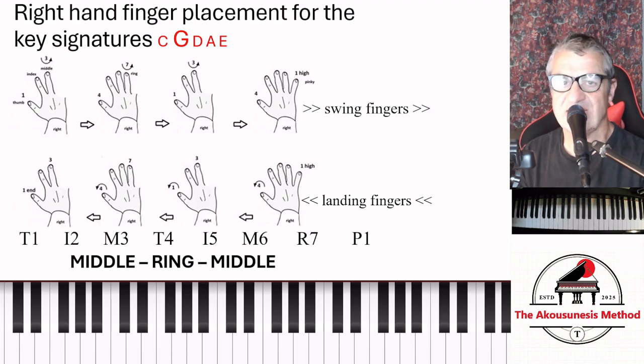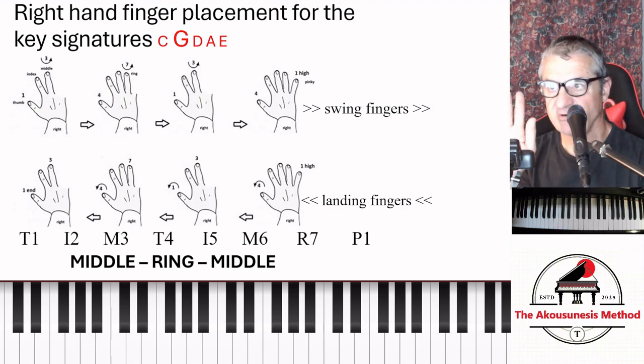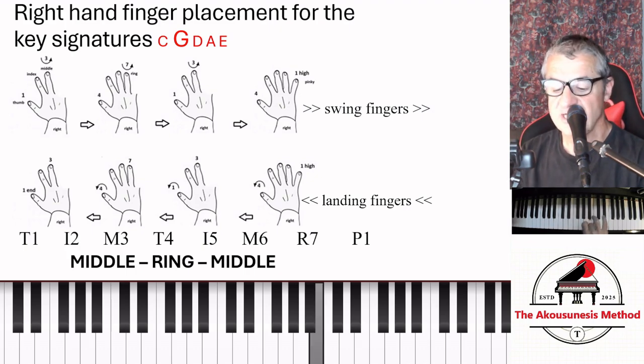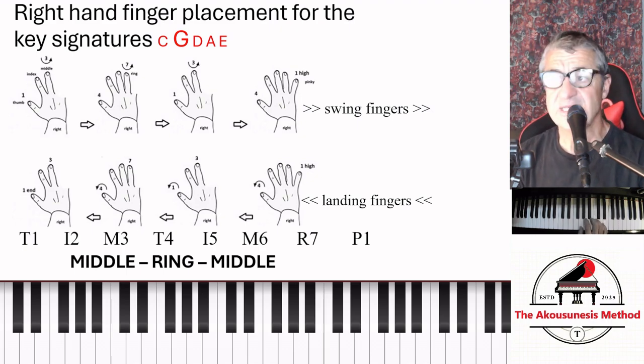I want you to take note of the middle finger in the top left diagram, so let's put our hand on the G. We have the middle finger on the 3rd interval. Now we call that a swivel point. That little arrow underneath indicates we're swiveling on that finger. Now we have to remember the swivel points when we're going up.